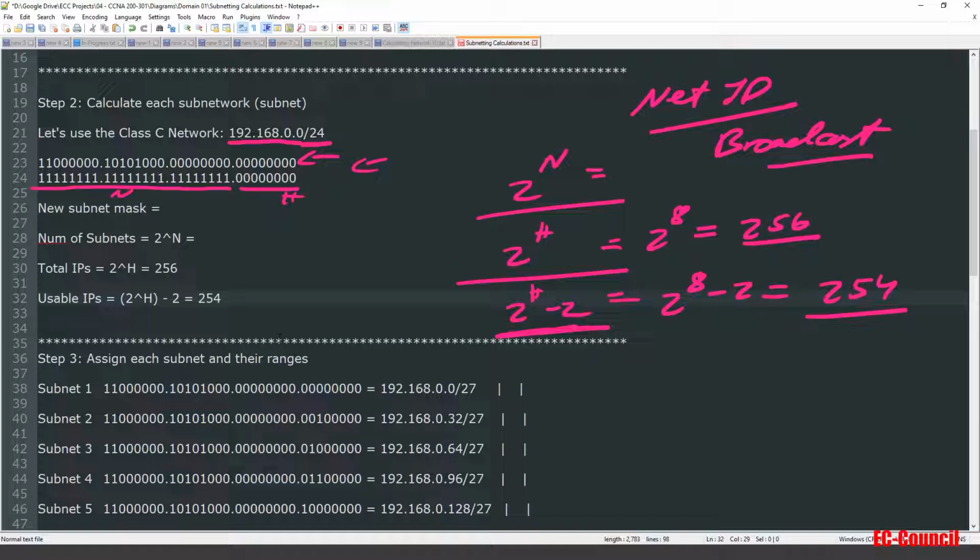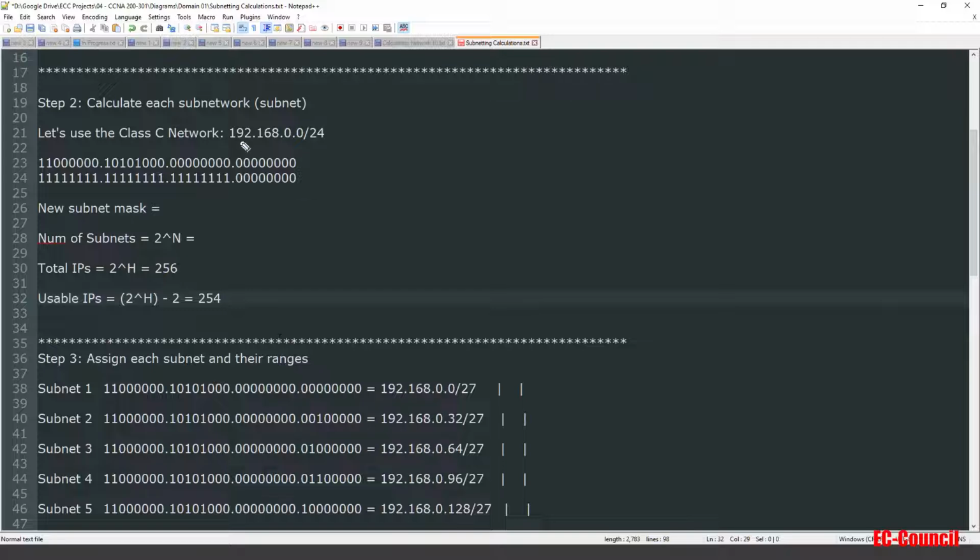Now we have a little situation. How can we take this one network ID, which is 192.168.0.0/24, and create a total of 7 networks? Remember, we have 3 WAN networks plus 4 LAN networks, which will give us a total of 7 networks.